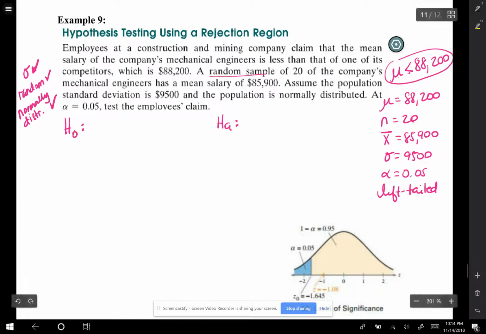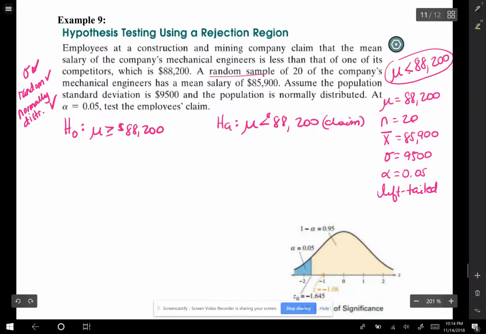So the claim was that it was less than, and because it's less than without an equal to, that's always the alternative. And that's the claim. The opposite of that would be the null hypothesis, greater than or equal to.